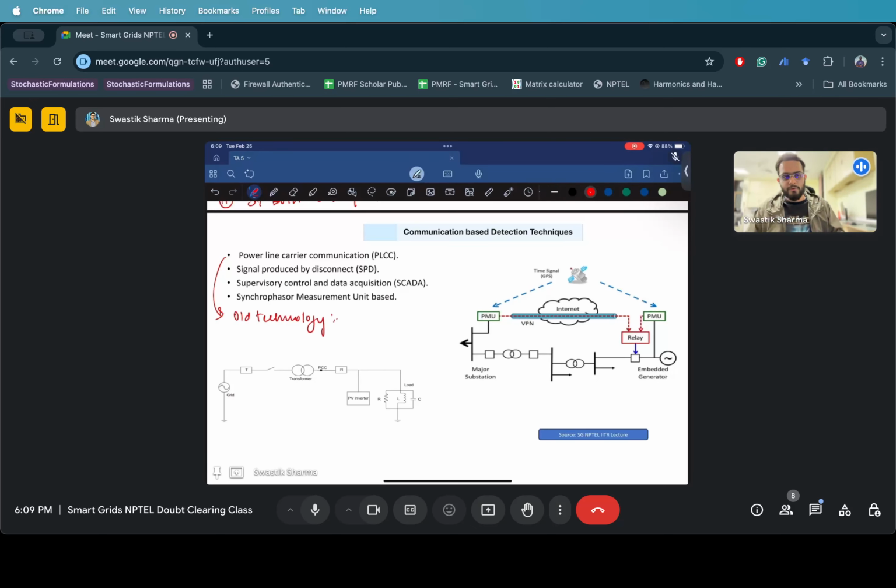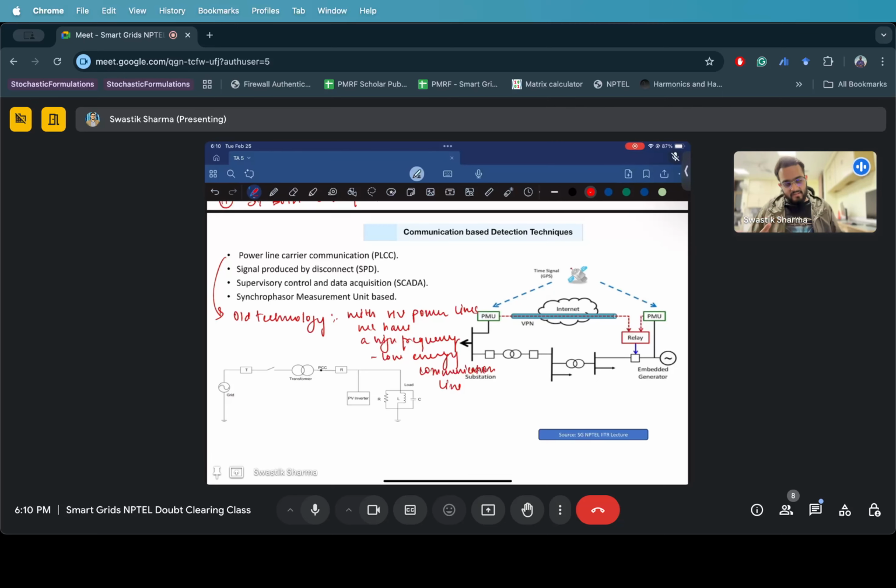In this, what we used to do is, with our high voltage power lines, we used to have a high frequency, low energy communication line as well. This communication line is used to communicate between different equipment connected to these high voltage power lines, right?